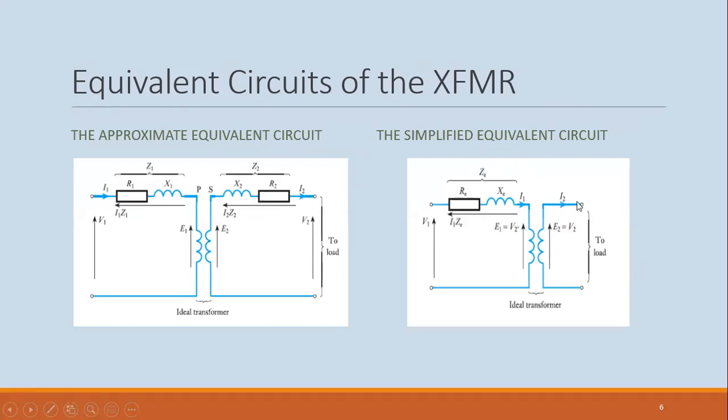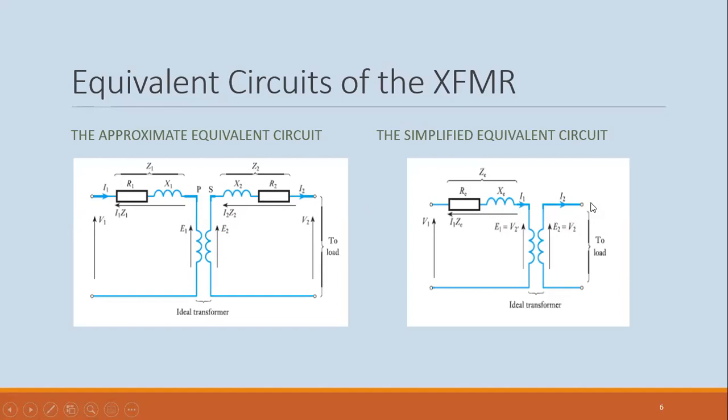Notice now that there is nothing on the secondary. No winding with impedances, resistance or reactance on the secondary. So we have shifted everything on the secondary over to the primary. This is actually called referring to the primary.